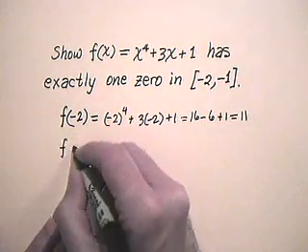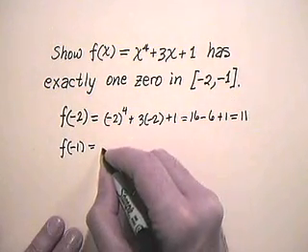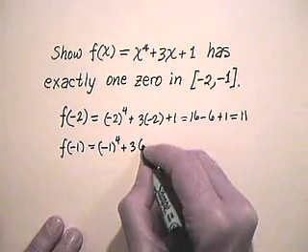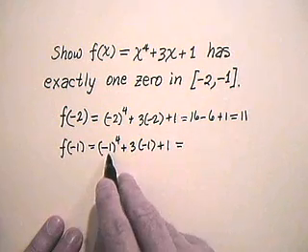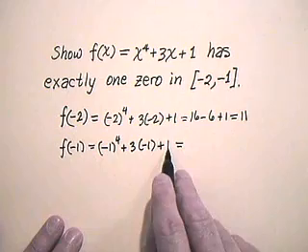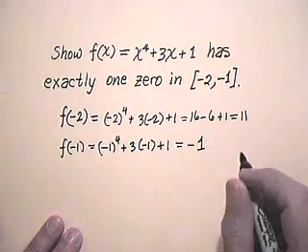How about the value at -1? f of -1 is -1 to the fourth power plus 3 times -1 plus 1, which is 1 minus 3 plus 1. That's 2 minus 3 is -1.